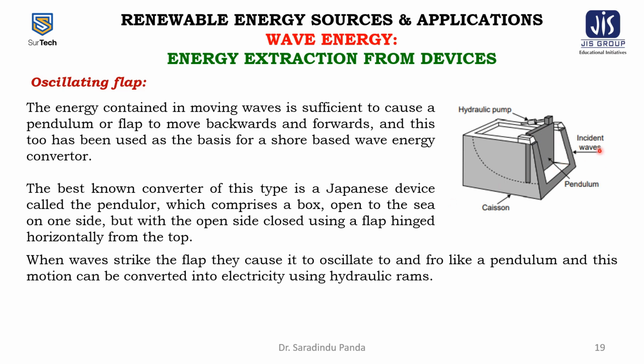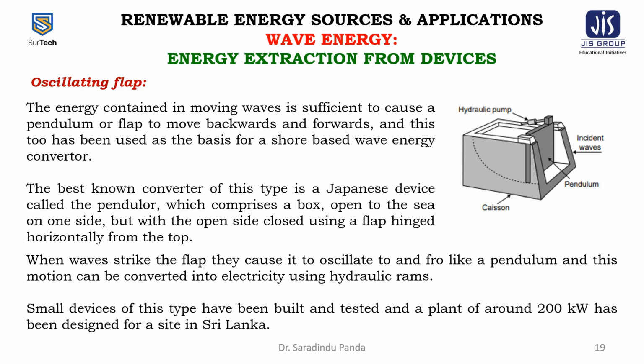When the waves strike the flap, they cause it to oscillate to and fro like a pendulum, and this motion can be converted into electricity using hydraulic rams. Small devices of this type have been built and tested, and a plant of around 200 kilowatt has been designed for a site in Sri Lanka.